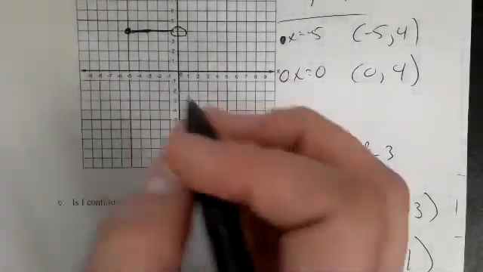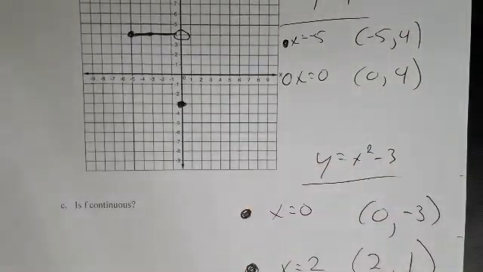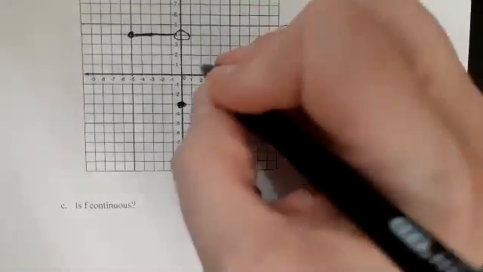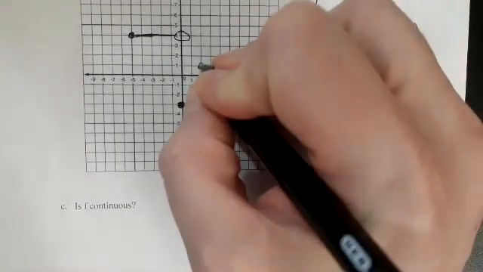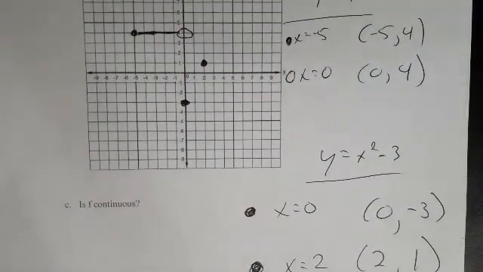0, -3 is the point that's on here, and then the other thing is 2, 1. Those are both solid.